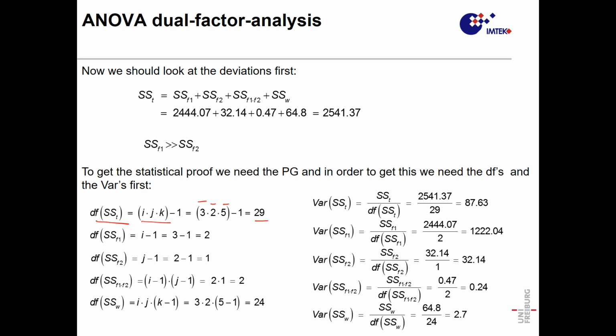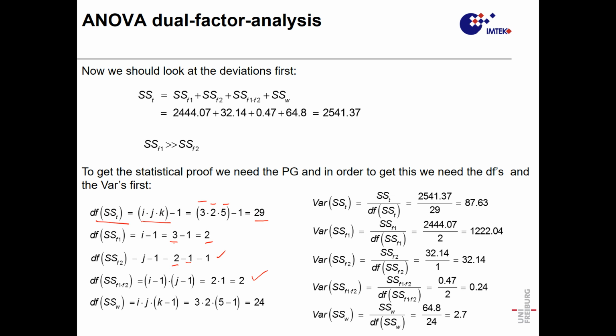The degrees of freedom for factor 1: we have 3 production lines minus 1, so 2. For factor 2, we have 2 pH minus 1, so 1. The degrees of freedom of the interaction is the number of production lines minus 1 times the number of pH minus 1. It gives you 2 times 1, which is 2.